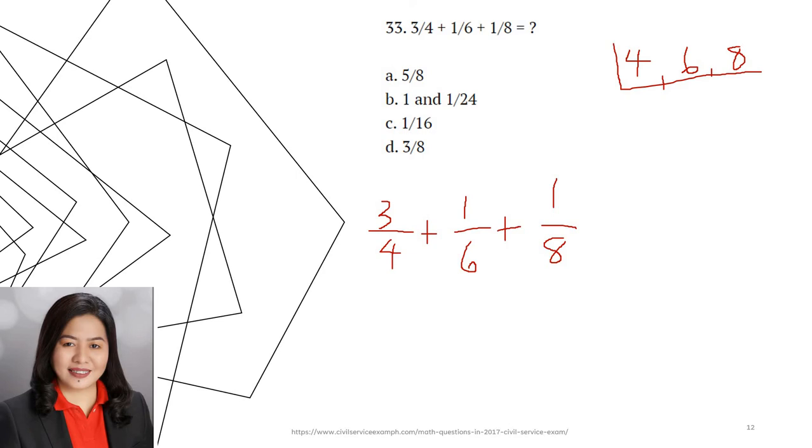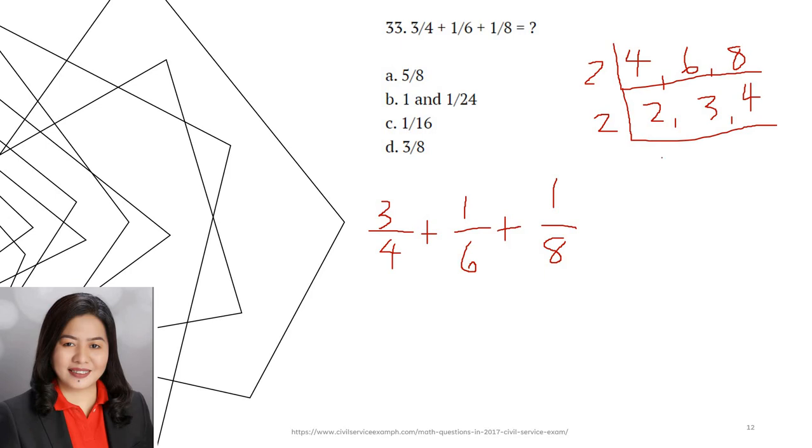So we start by dividing by 2. 4 divided by 2 is 2. 6 divided by 2 is 3. And 8 divided by 2 is 4. Since there is no common number, we just bring down the number that is not divisible by 2.